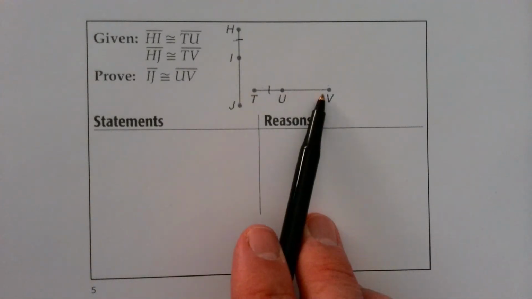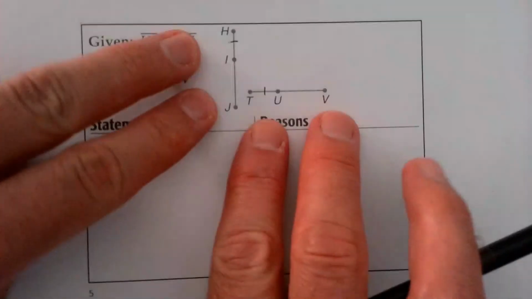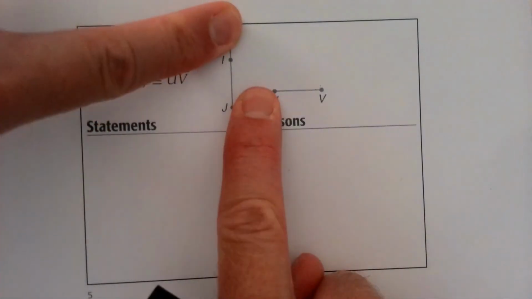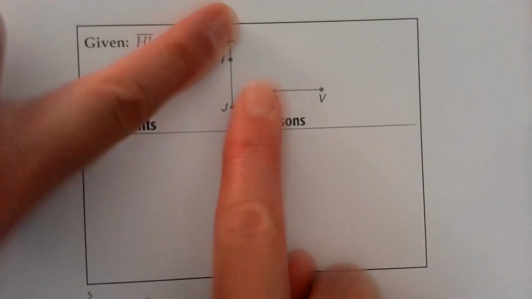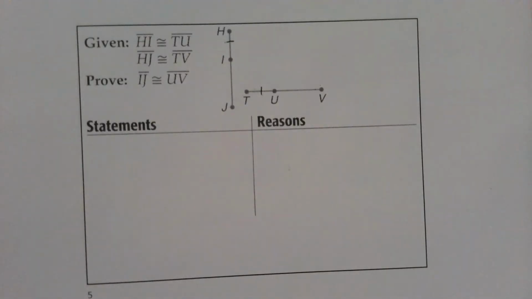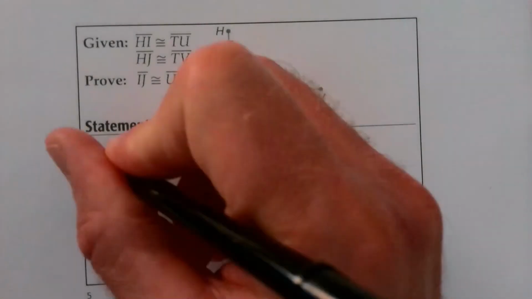So essentially they're saying if these two whole parts are congruent, and you take off congruent parts, you should be left with congruent parts. So in a way, it's kind of like proving a segment subtraction. Now, we don't have a segment subtraction postulate, but this is asking us to kind of prove something like that. So we're going to start the same as we always do.